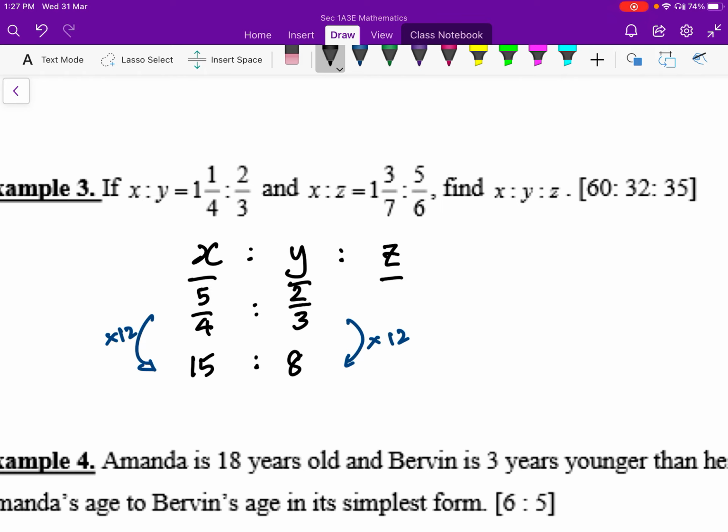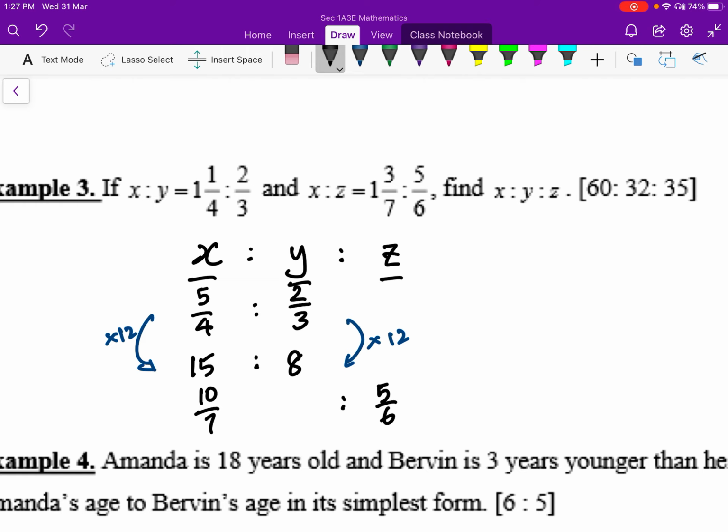And then now we have x to z. X to z is 1 and 3/7 to 5/6. So 1 and 3/7, let's just quickly convert that, it becomes 10/7. Okay, a little lack of space now. So this is my x to z.